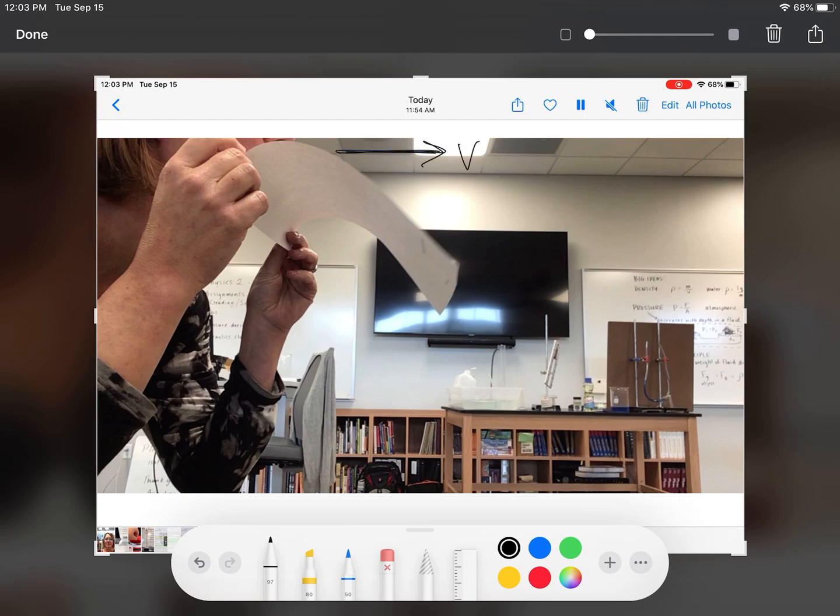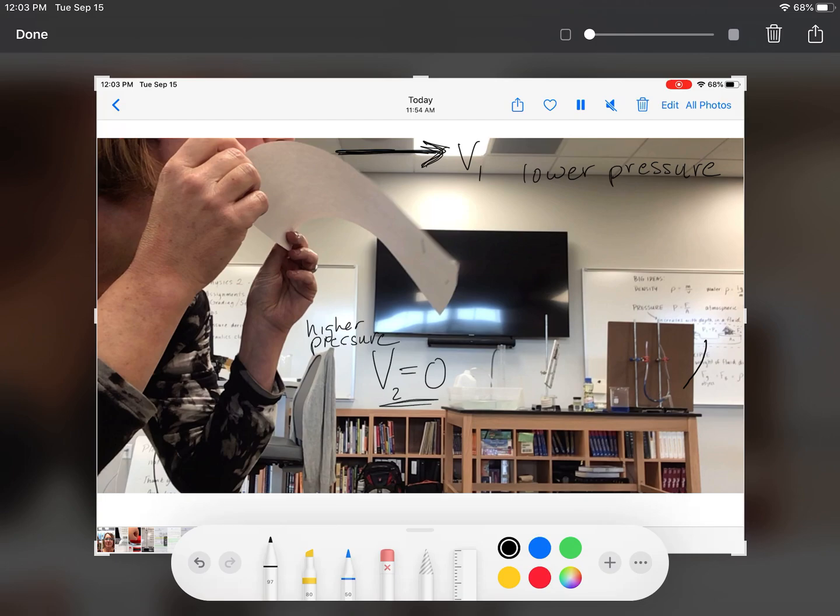If I've got airspeed across the top of the paper and the velocity underneath is 0, then we have a lower pressure associated with the space above the paper that has airspeed, and we have a higher pressure where the airspeed is lower.